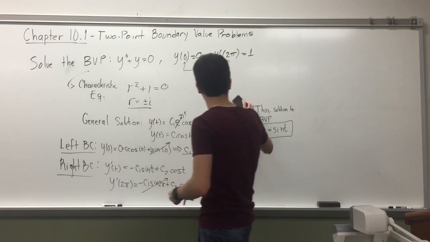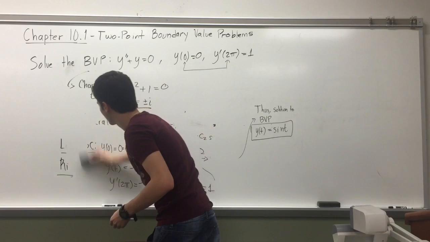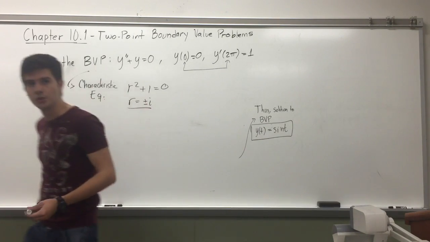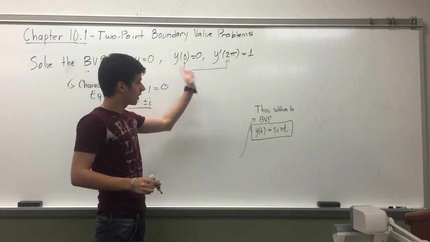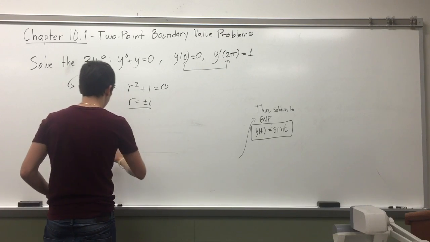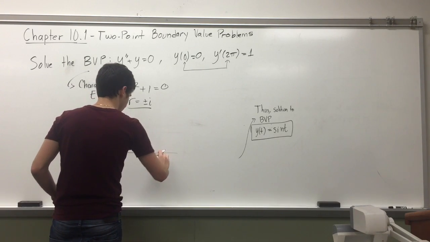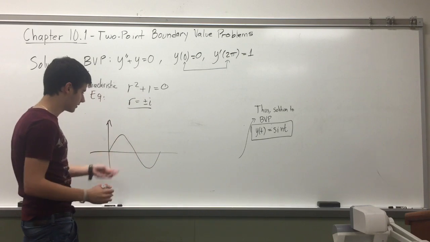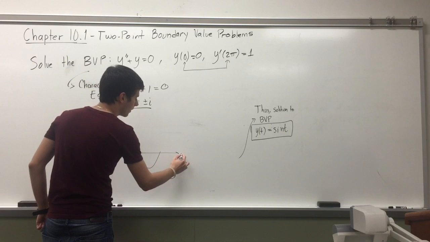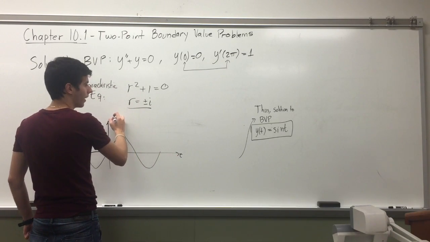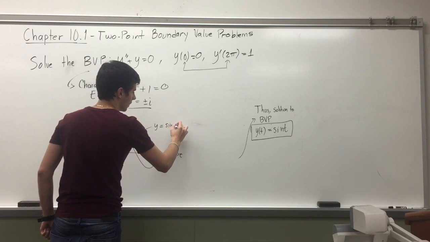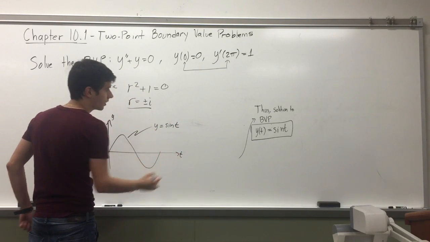And if we want to look at this graphically, let's make a graph of our solution and see where these came in. So if we graph y equals sine of t, it's not that symmetric, but this will do. So we have t here.